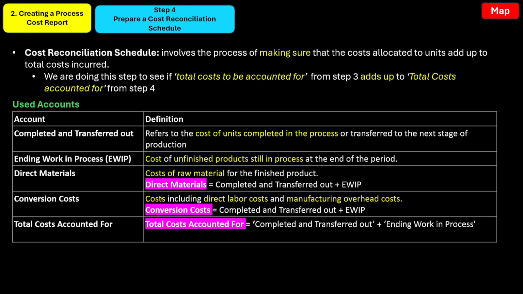We have ending work in process, EWIP, cost of unfinished products still in the process at the end of the period. Direct materials is the cost of raw materials for the finished product. Direct materials here is equal to completed and transferred out plus your EWIP. Conversion cost is cost including direct labor costs and manufacturing overhead costs. Conversion cost is equal to completed and transferred out plus your EWIP, that I'll show you guys in the example. And total cost accounted for is equal to completed and transferred out plus ending work in process.